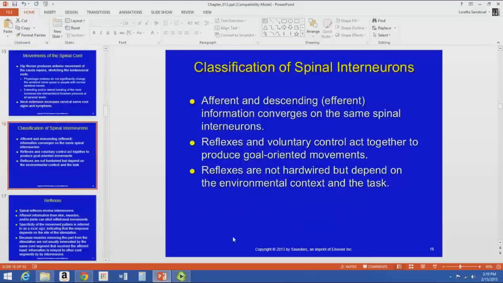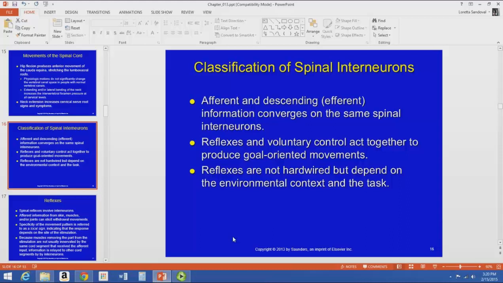So the spinal interneurons, you get afferent and efferent information converging on the same spinal interneurons, and the reflex and voluntary control act together to produce goal-oriented movements. They talk about reflexes not being hardwired but depending on the environmental context and the task. So there's a lot of interaction.